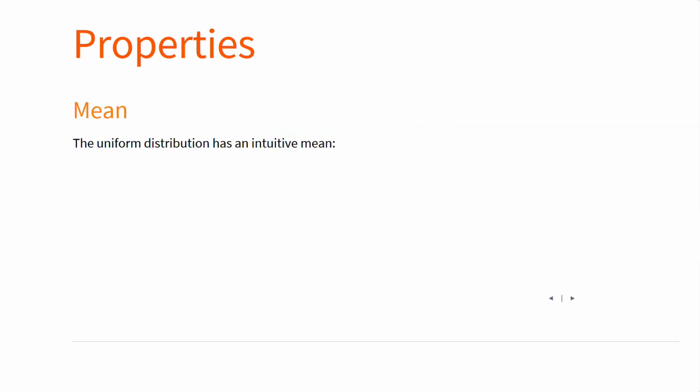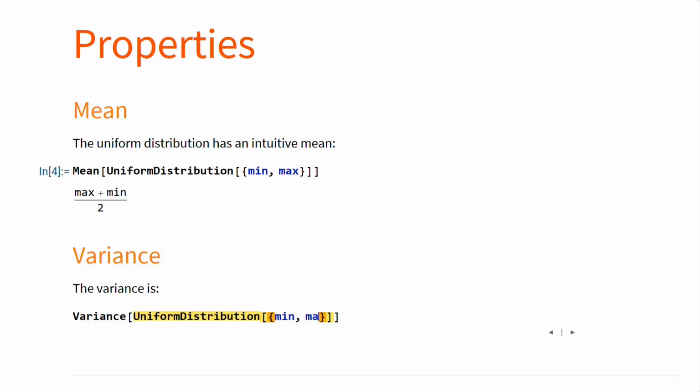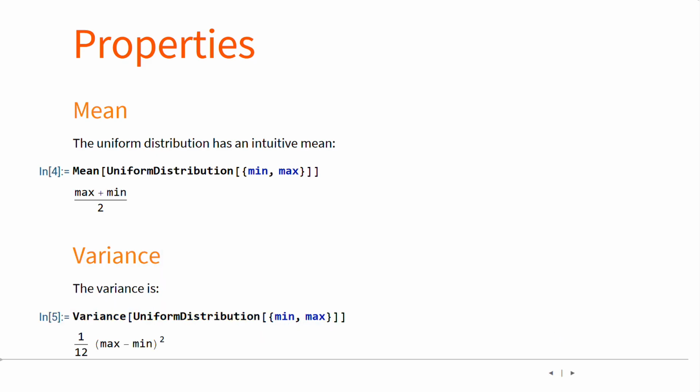If values have the same probability from min to max, then the average of min and max should be the average of all values, as it's symmetrical. And this is indeed the case, as you can see from the mean. The variance is a variation squared, so intuitively it should be proportional to the square of the difference between the min and the max, as a large difference would mean more dispersed values, and so variation.